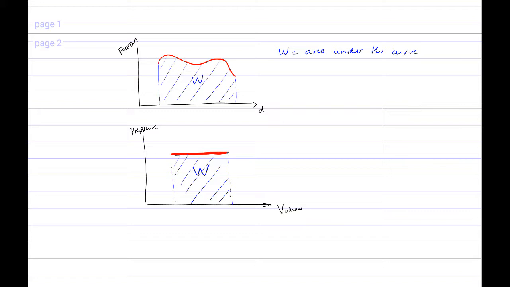So in this case, work is P delta V, because we're just dealing with rectangles, and the area of the rectangle is width times height.